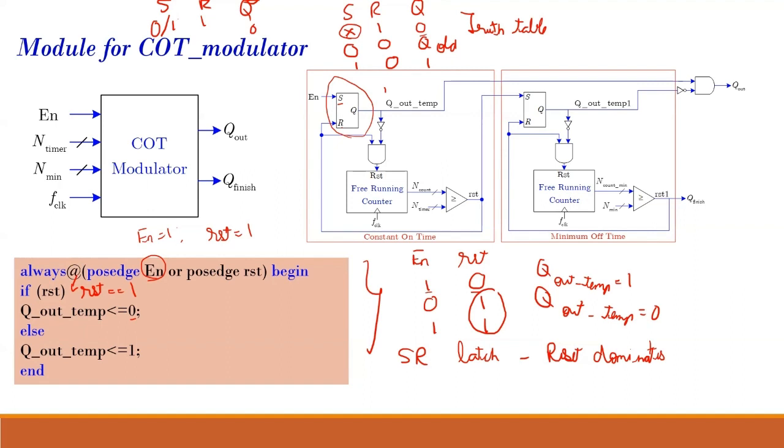Sir, what if I consider enable like an S dominated flip flop? No, that you can consider, but that depends on your application. In our application, we find that it should be reset dominated.